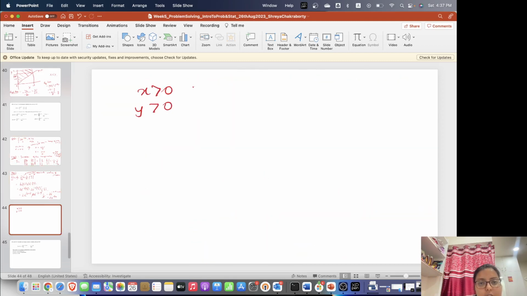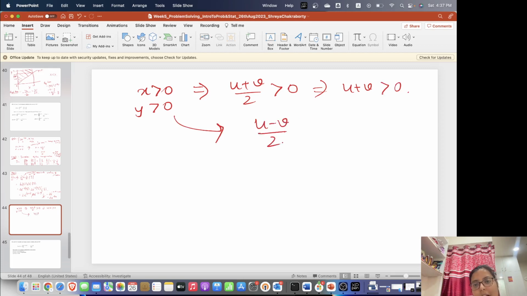So similarly from here we can see (u plus v) by 2 should be greater than 0. u plus v should be greater than 0. And from here, (u minus v) by 2 should be greater than 0. So it means u should be greater than v.